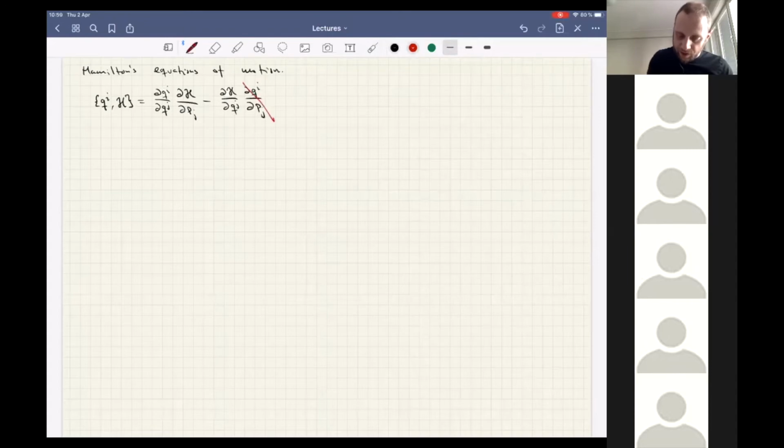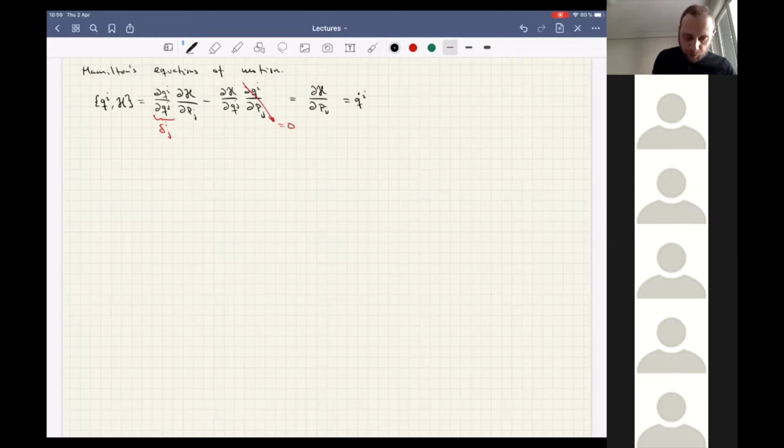And for the same reasons as before, the second term is 0. In the first term, we have the delta ij there. So what we end up with is that this is equal to ∂H/∂pi, which just so happens to be q dot.